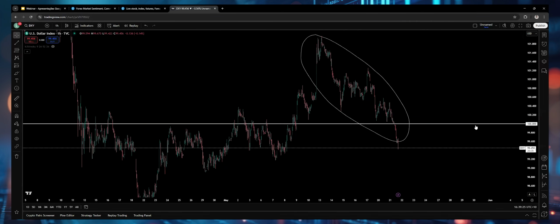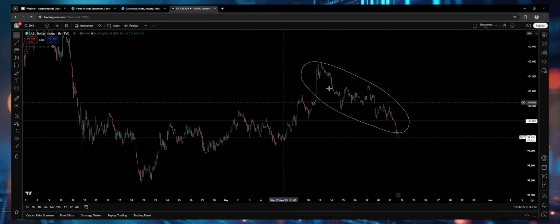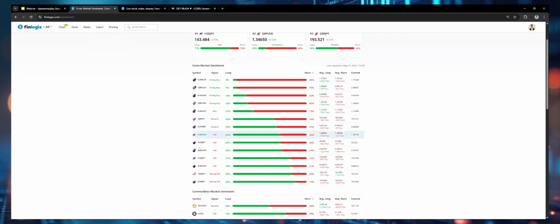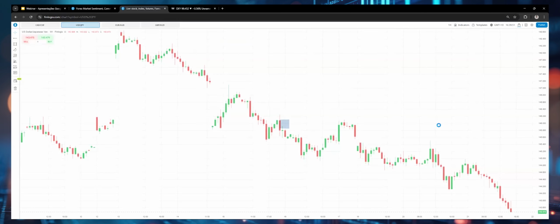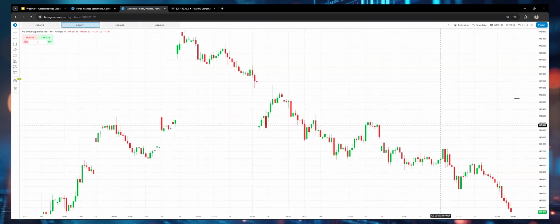Okay. So yeah, short in euro dollar is good. Sorry, short in US dollar is okay. It's a good option. So for that case, I wouldn't be looking to short NZDUSD. US dollar Japanese yen, as I say, yes, USDJPY, it's definitely a good approach for us to be looking.